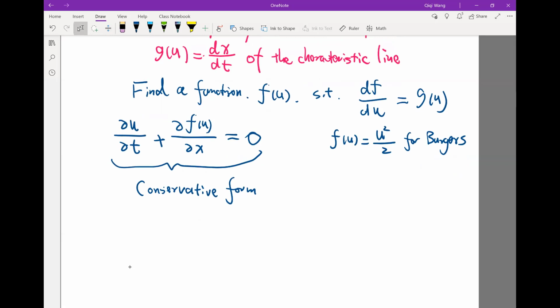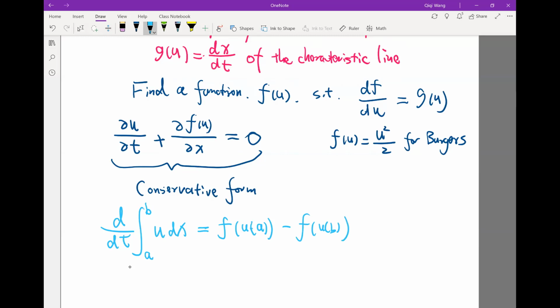The integral form is just integrating this equation over an arbitrary interval a to b. And the time derivative of the total amount of conserved stuff in this interval would be equal to f of u a minus f of u b.